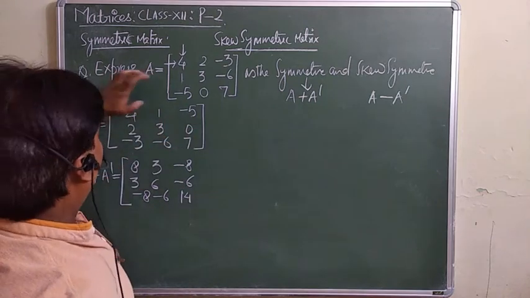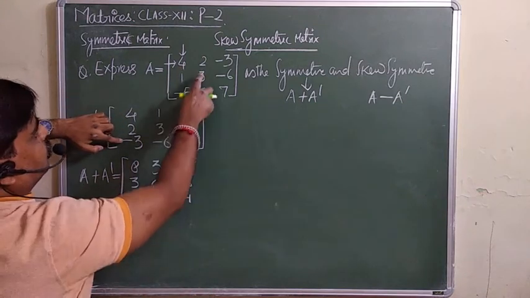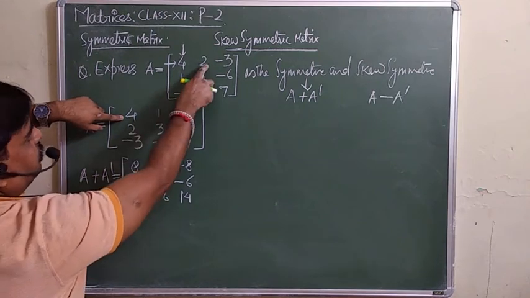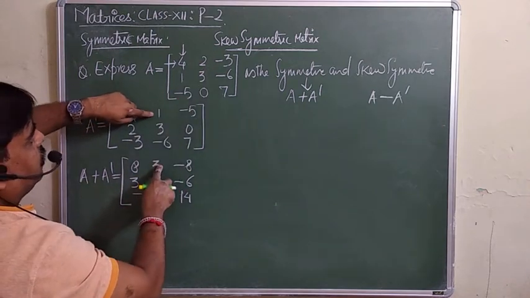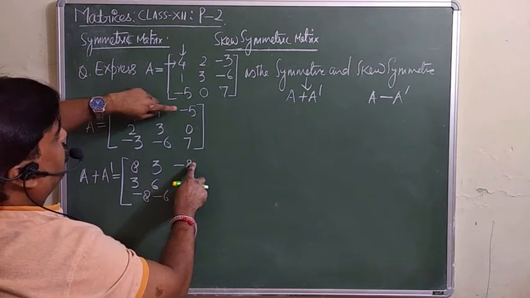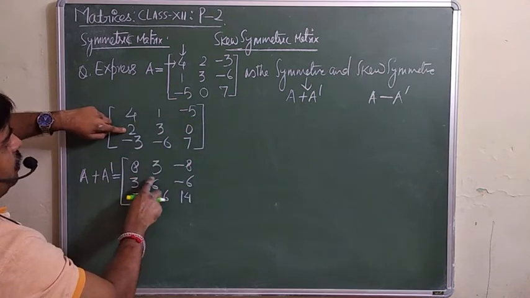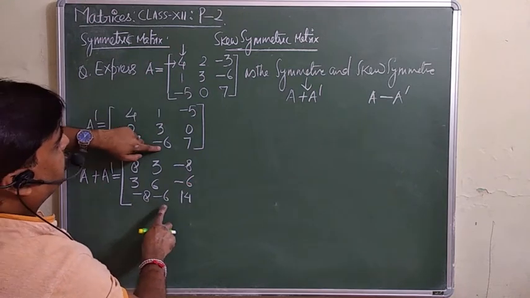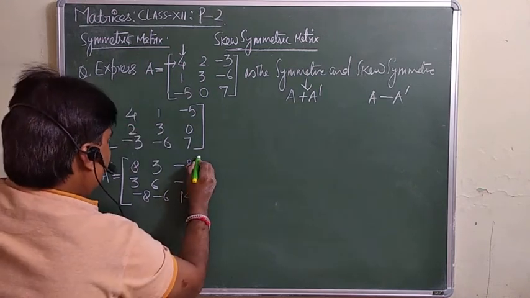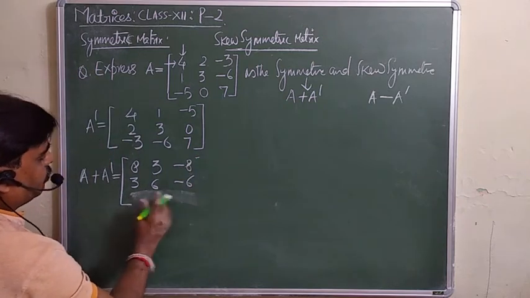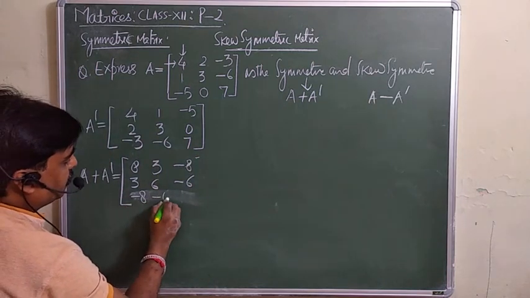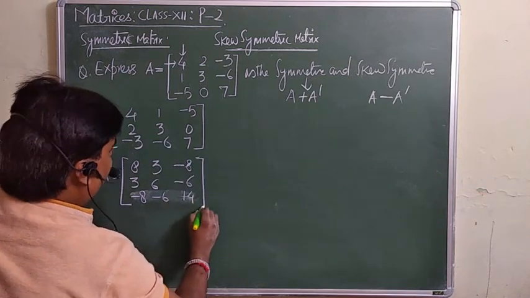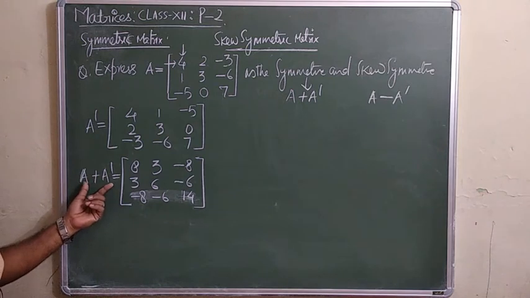Since 7 plus 7 is 14. So this is A plus A transpose.